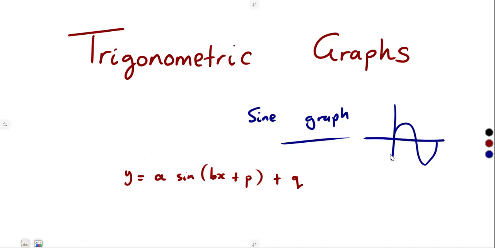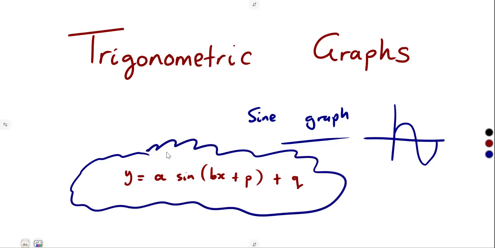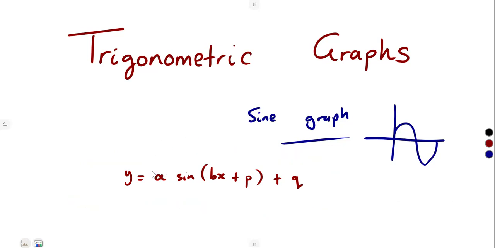In order for us to understand this graph, after these effects, the a, the b, the p, and the q, we must understand a simple graph of a sine when y is the sine of x or the sine of theta. Then these effects or transformations, we can apply them on that graph.